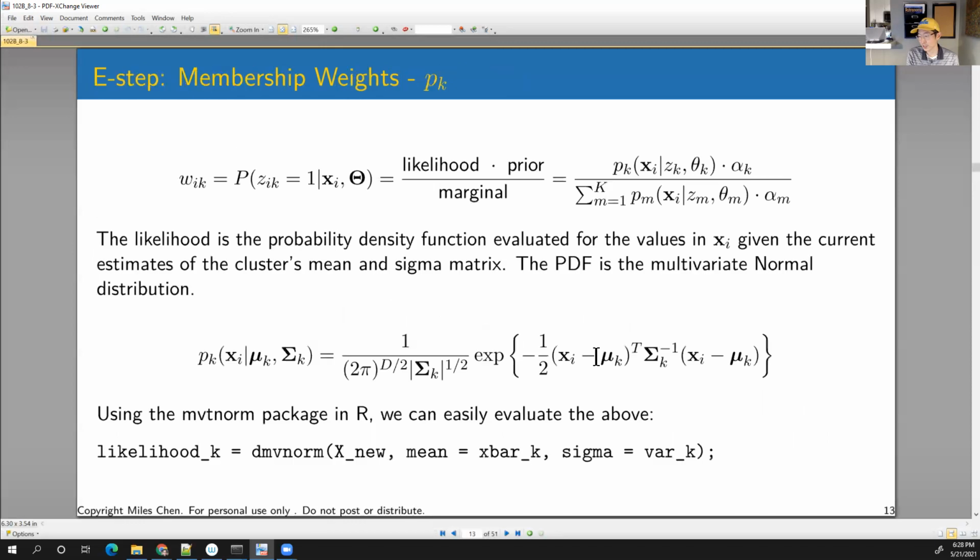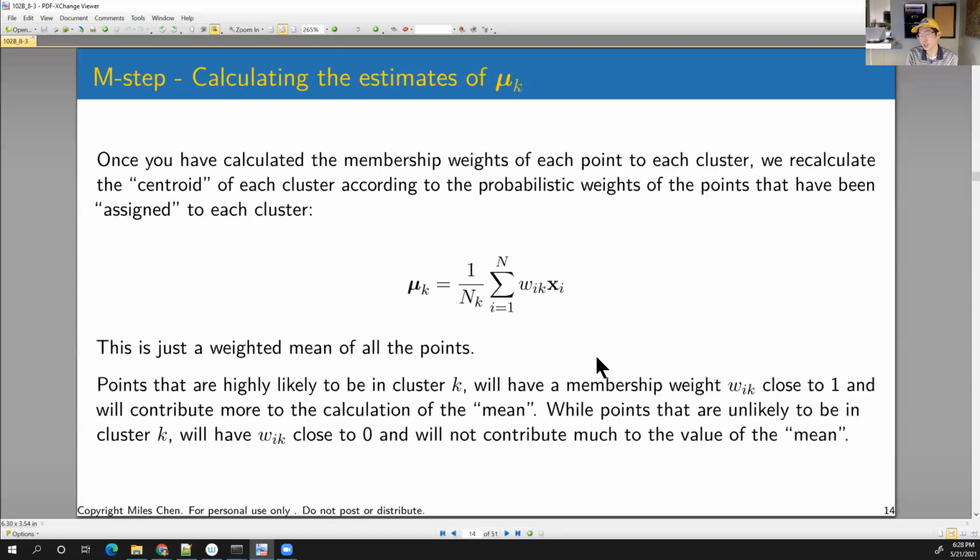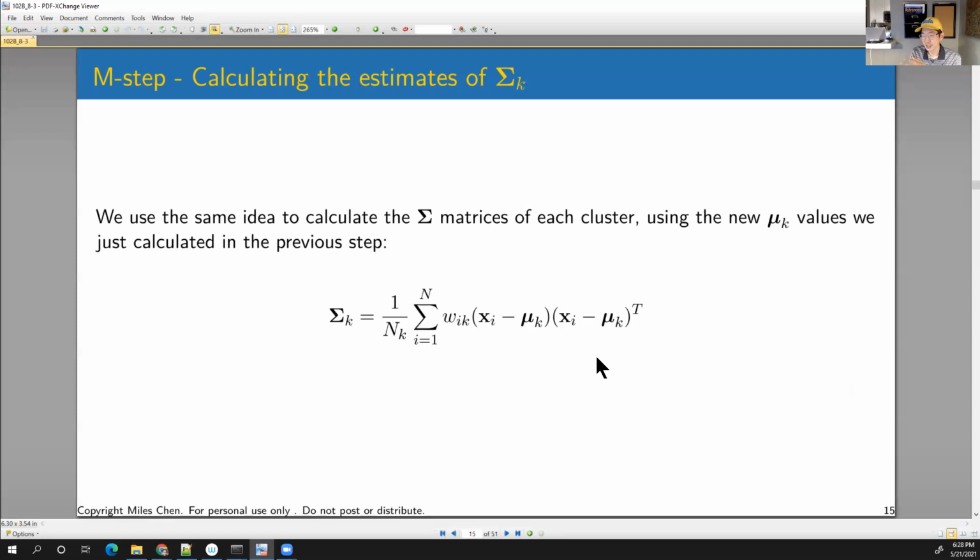And if you understand how we calculated the mean in k-means clustering, this makes sense, except we're just changing it from a z to a w, instead of 0 or 1, now some value between 0 and 1. Okay, if that's good, let me give you your second view quiz answer, which is the letter C. C as in cat is your second view quiz answer.